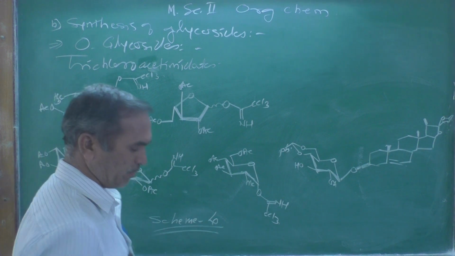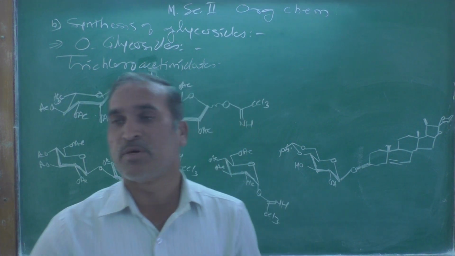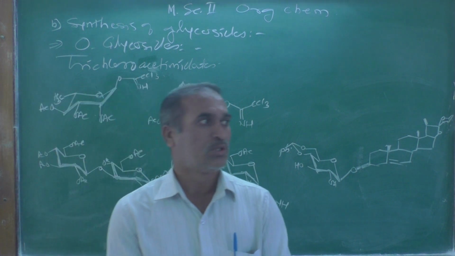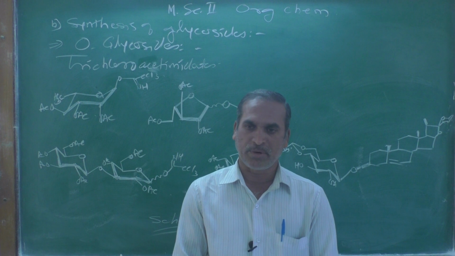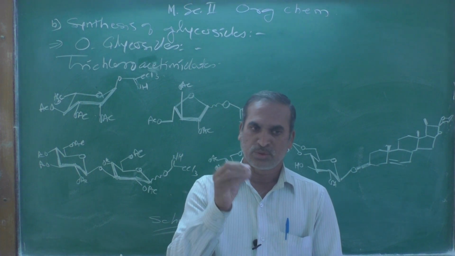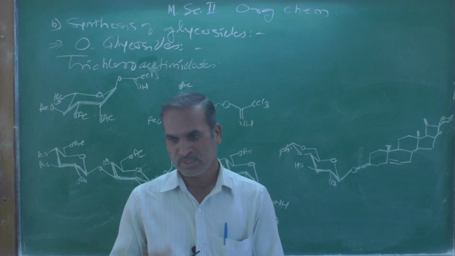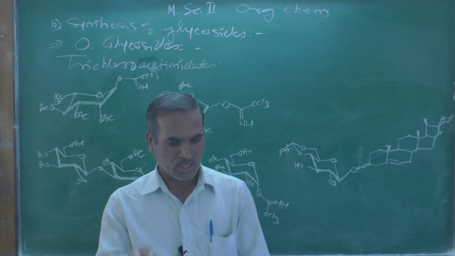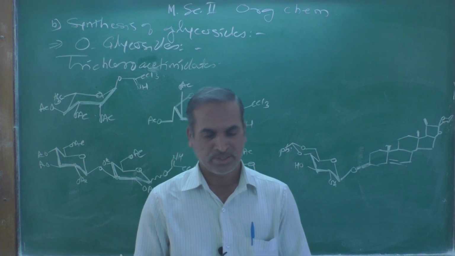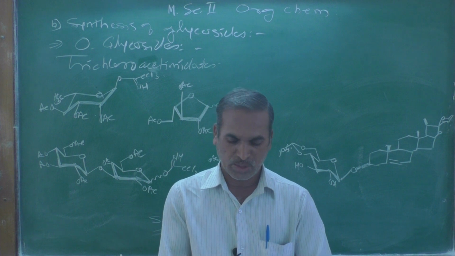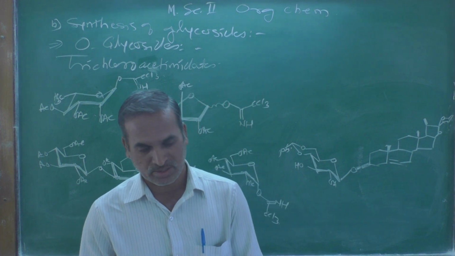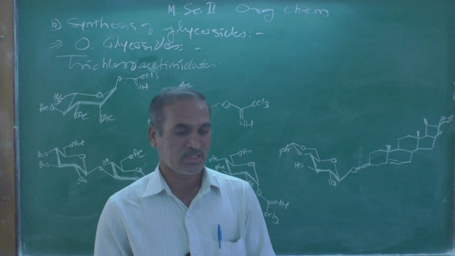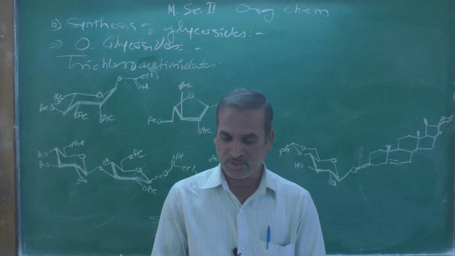So in this way we have seen some examples of glycosyl bond formation with the help of the donor-acceptor concept, by using trichloroacetimidate.